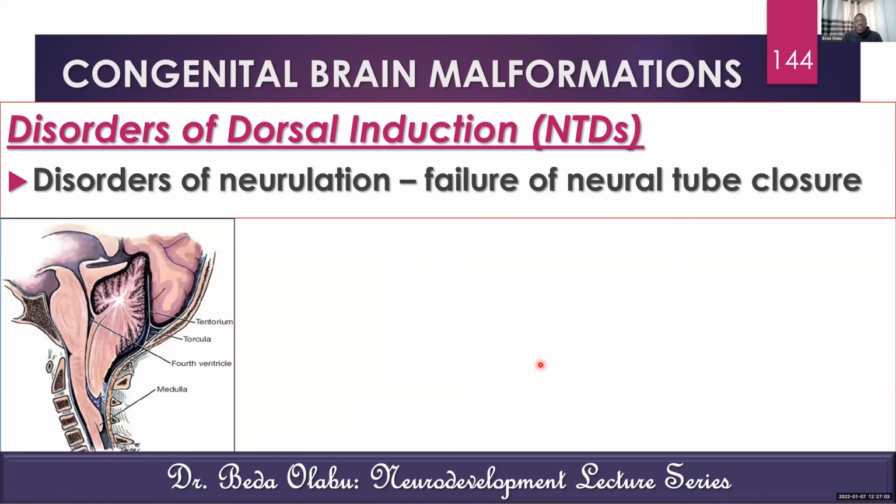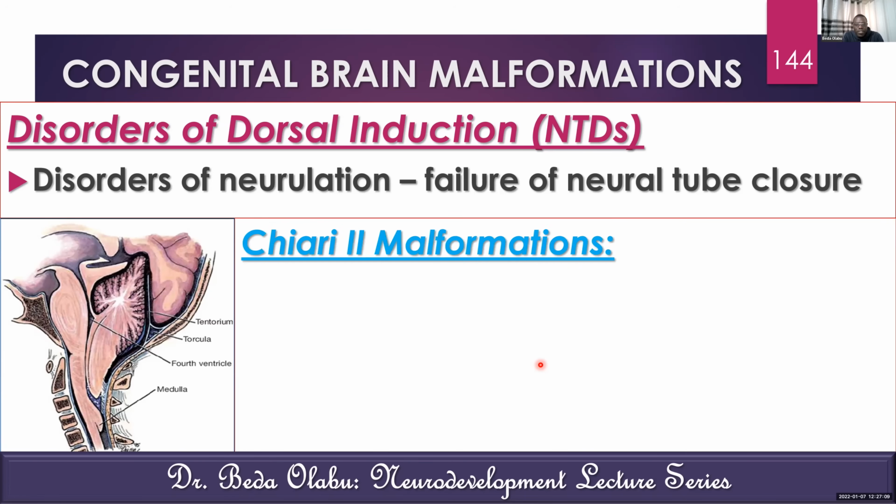Right, those are cephaloceles. The other disorder of dorsal induction is this one that we call Chiari 2 malformation. You may call it Arnold-Chiari malformation. Now I'm calling it Chiari 2 because there are many Chiari malformations: Chiari 1, 2, 3, 4.